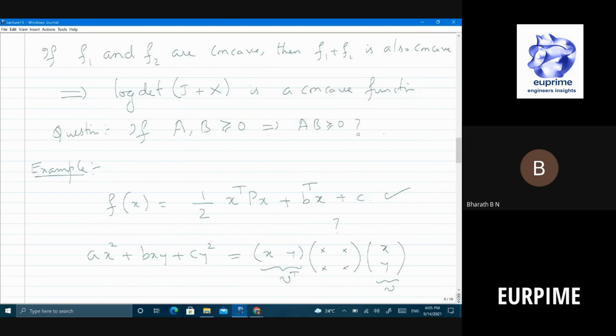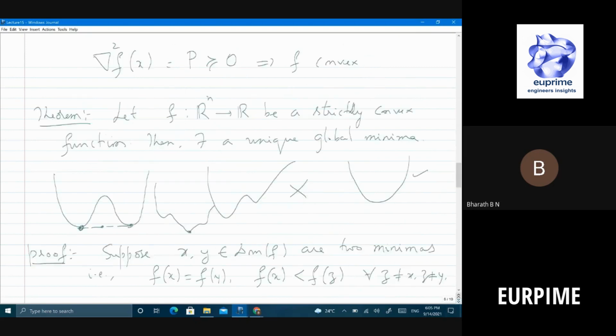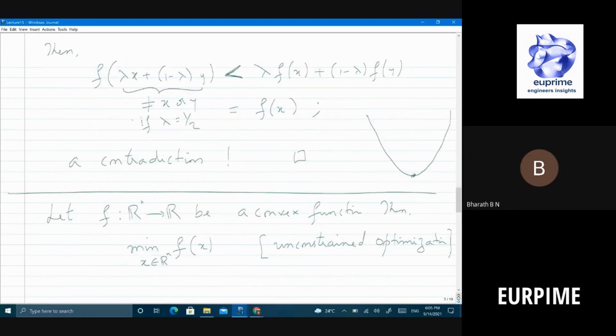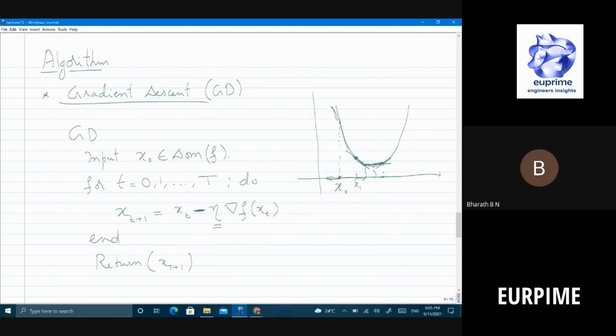And then we looked at a few more examples, and then finally we started looking at the unconstrained optimization problem, for which we proposed an algorithm called gradient descent, which was very easy. You take some initial point, look at the gradient direction, and move in the direction of the gradient. It's a simple algorithm.